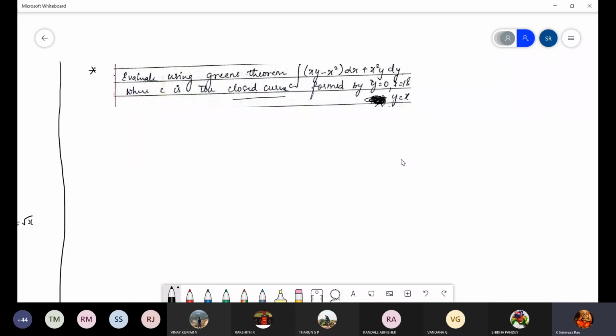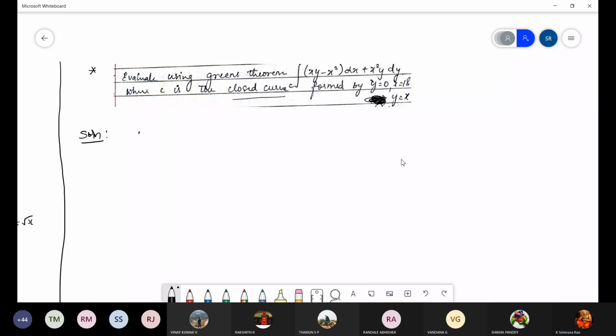See, combining all three curves, you will get one common boundary. So you should understand what y equal to 0, x equals 1 and y equals x are. You should draw the diagram, then only you can write the limits. Is the problem over? Okay.